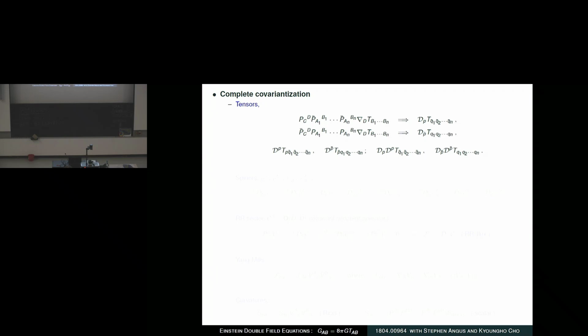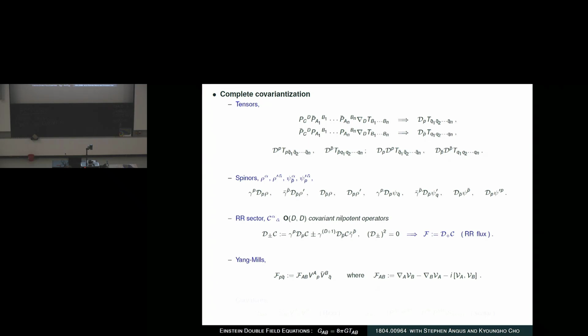We have the divergence as well as Laplacians. And this formalism extends to the covariant Dirac fermion as well as the RR sector, where the whole RR sector is represented by a single field which is bispinorial.